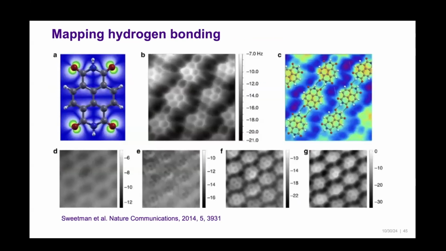But what else can we say? I said you can see picometer. Can we map a molecule? And this is an example: mapping hydrogen bonding, the weakest inter and intramolecular bonding, so supramolecular interactions.